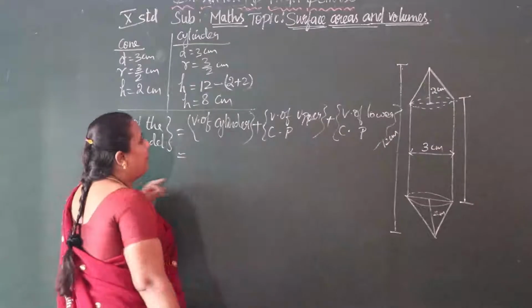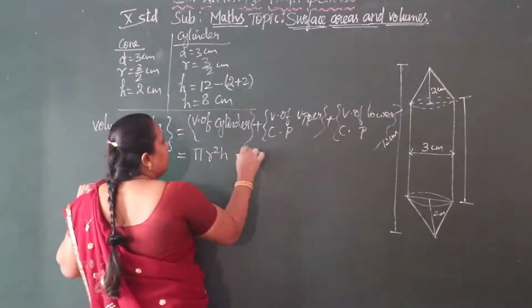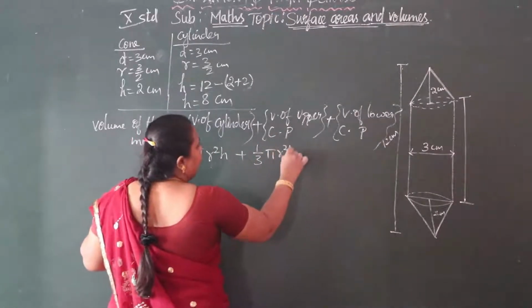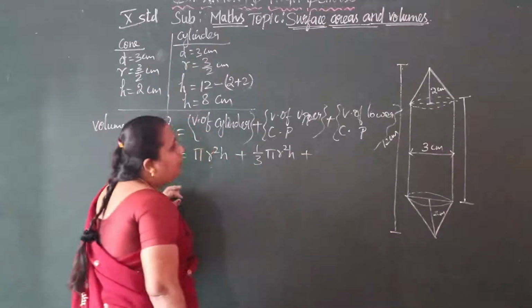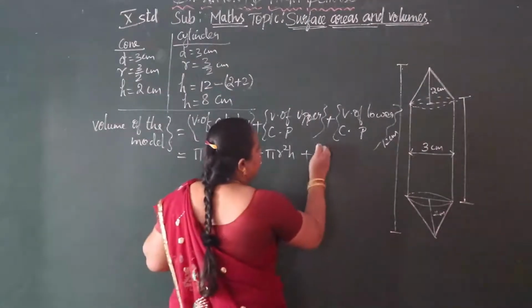First we write the formulas. The volume of the cylinder is pi r square h, plus the volume of the upper conical part, 1 by 3 pi r square h, plus the volume of the lower conical part, 1 by 3 pi r square h.